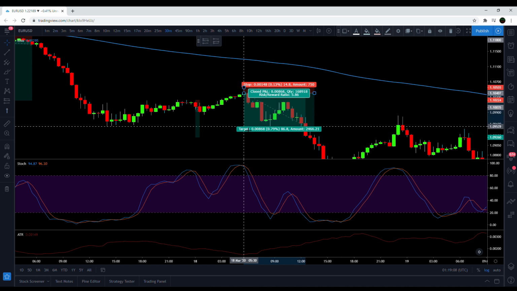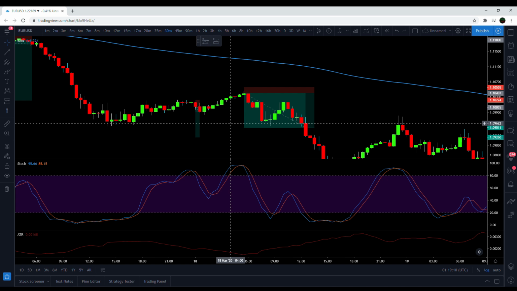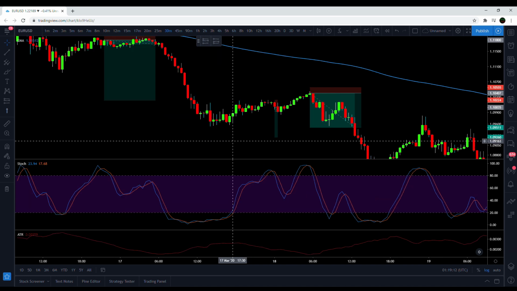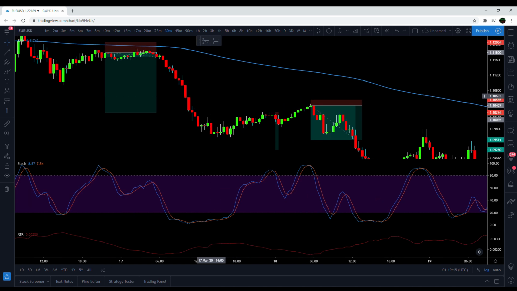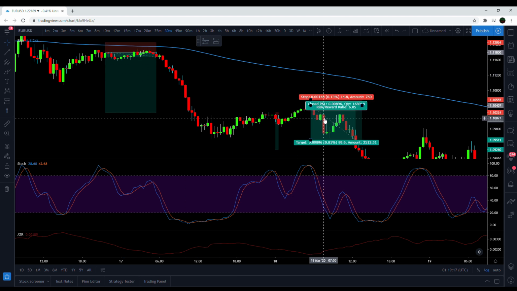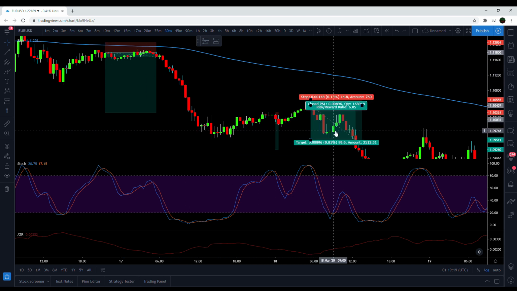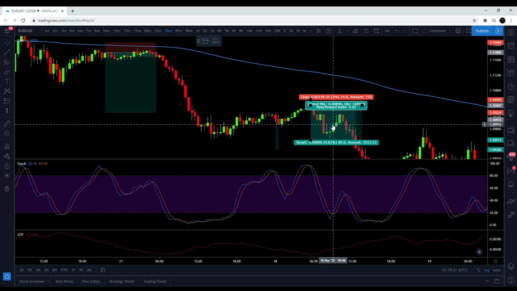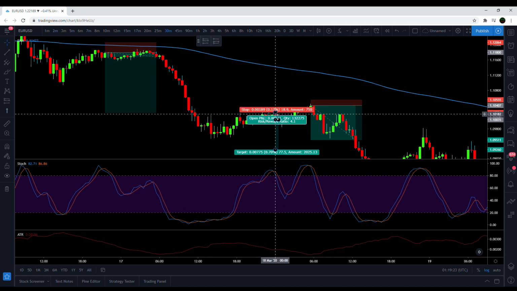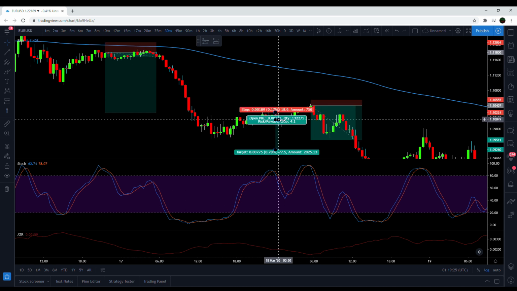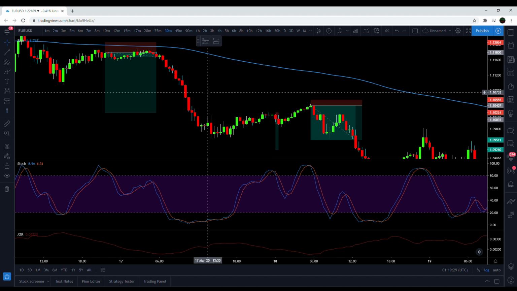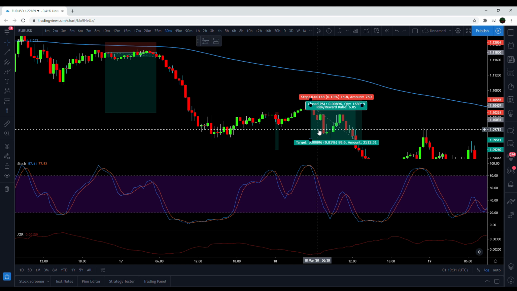Then times 6. There it is. What a beauty. So if you actually took these 3 trades in real time, you would gain 12% and only lose 1%. So you'd be netting 11% on your account over the course of these 3 trades.